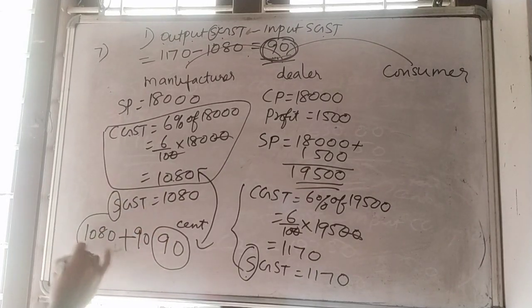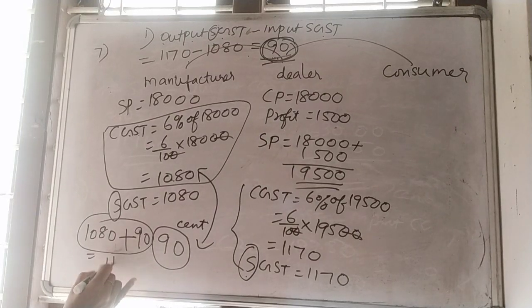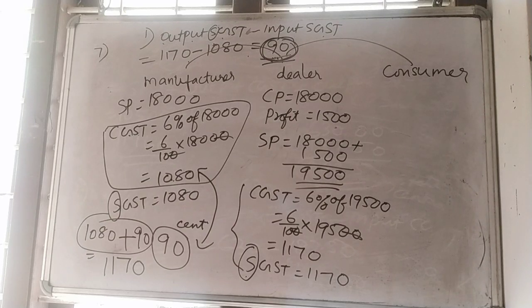So it will be 1080 plus 90, it is equal to 1170 will be the amount of GST received by the central government. Think carefully and solve this problem.